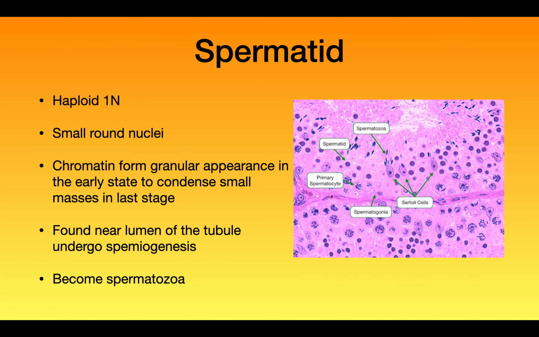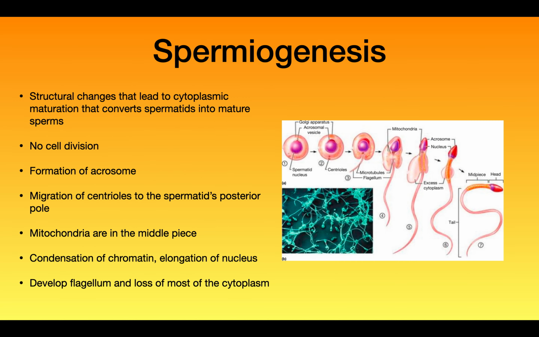Spermatids are haploid, and they only have 1N, and they are much smaller, as you can see here. The chromatin is going to be granular, and they condense even more, and they're found more in the lumen of the tubule, and then they become the spermatozoa. So there are a lot of structural changes, and those aren't cell divisions.